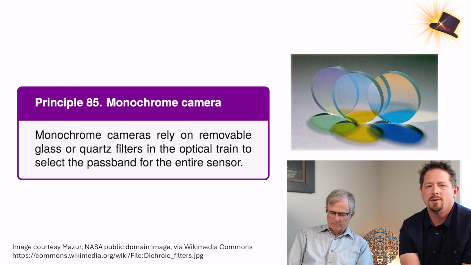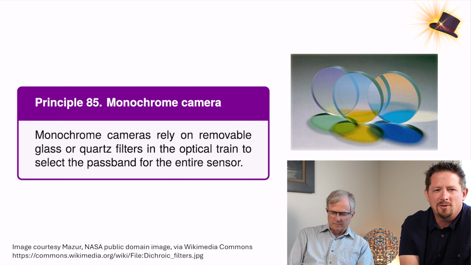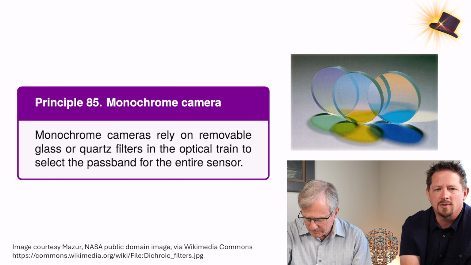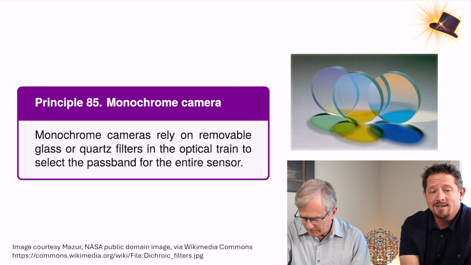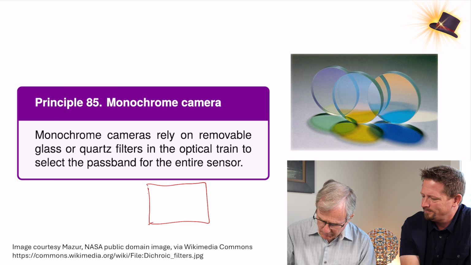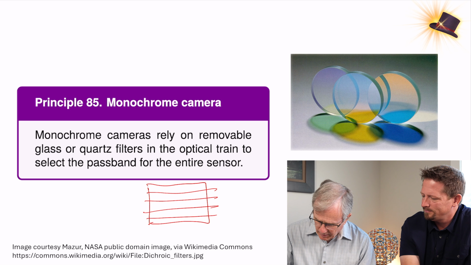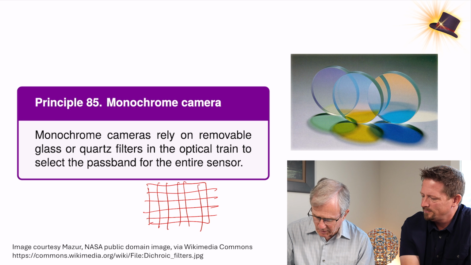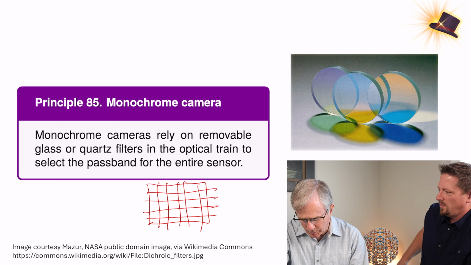Principle 85, monochrome camera. Monochrome cameras rely on removable glass or quartz filters in the optical train to select the pass band for the entire sensor. Okay, so in a monochrome camera, there aren't any filters placed over the individual photo sites.